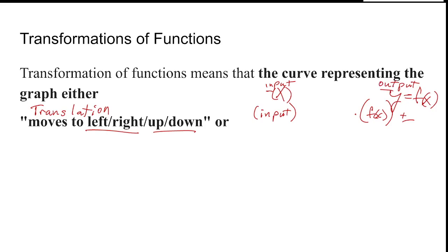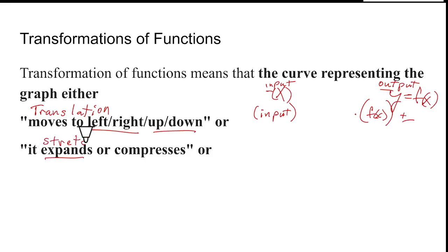Okay. And we'll see how that affects translations, but let's look at all the different types of transformations that we will be doing. Another type of transformation is to expand, also called a stretch, or compress, which is also called a compression, or shrink. One of those two ways.